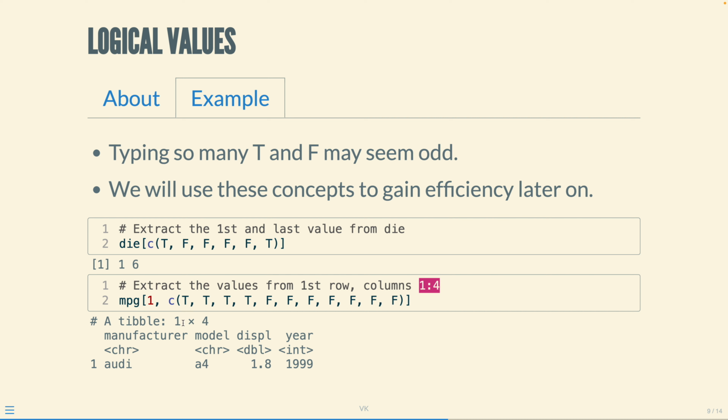And then we know that the output R returns is going to have the dimensions 1 times 4, so 1 row and 4 columns, because that's what we wanted to do. So it's given you just the first row, and it's given you the first 4 columns. Okay, so that's how we use logical values.